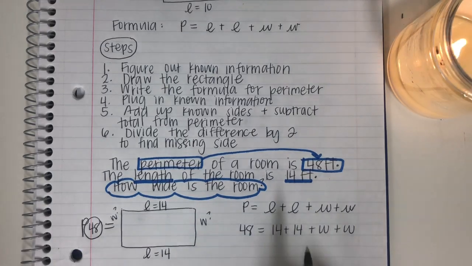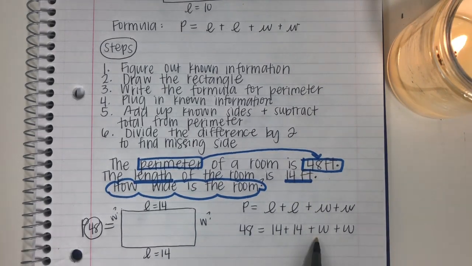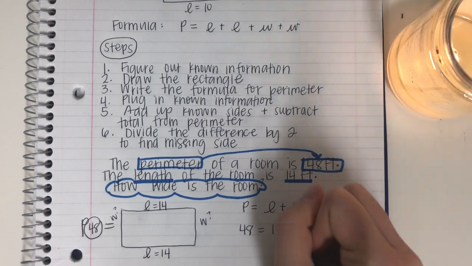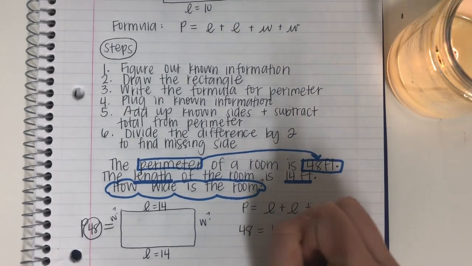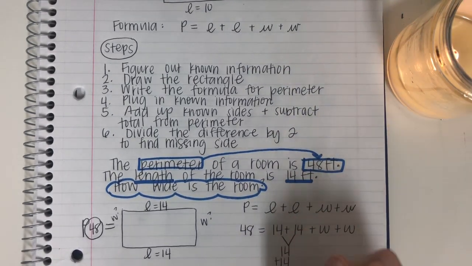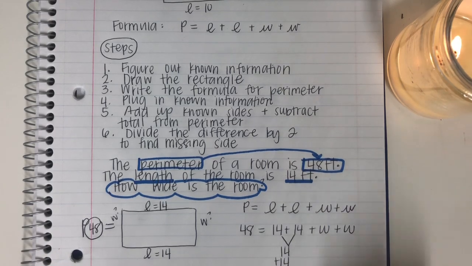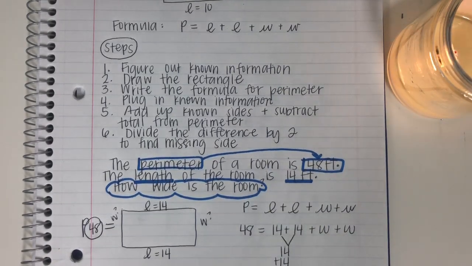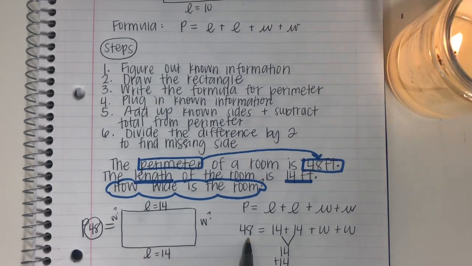Okay, now I can start figuring out what my missing width is. So the first thing I'm going to do is add up my known sides. So I'm going to add these up. So 14 plus 14 equals 28. Then I'm going to subtract my known information from my total, which is my perimeter.